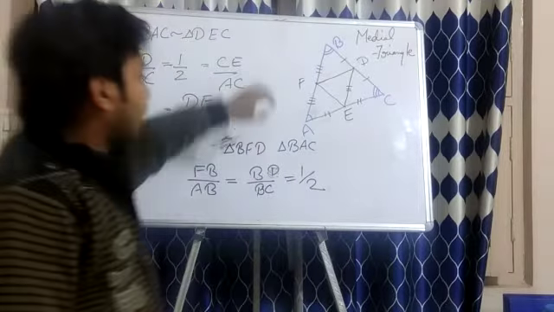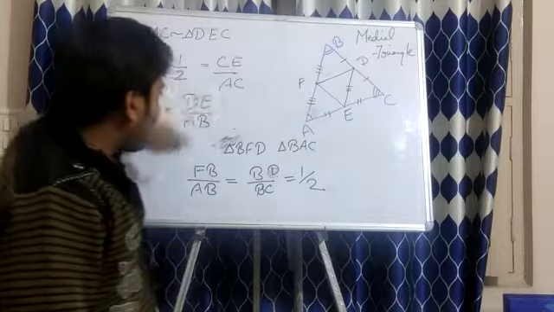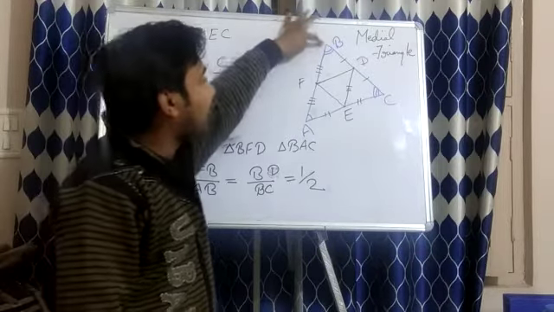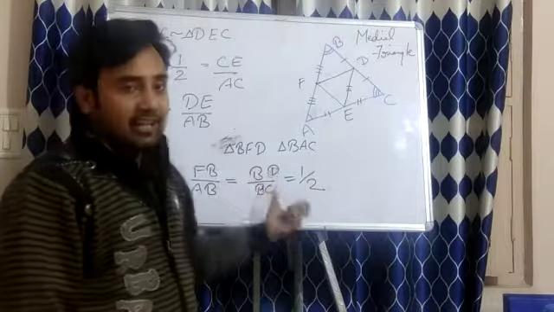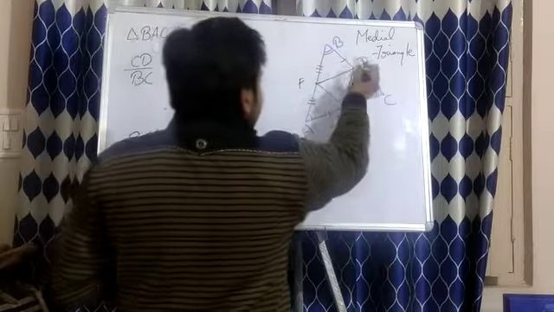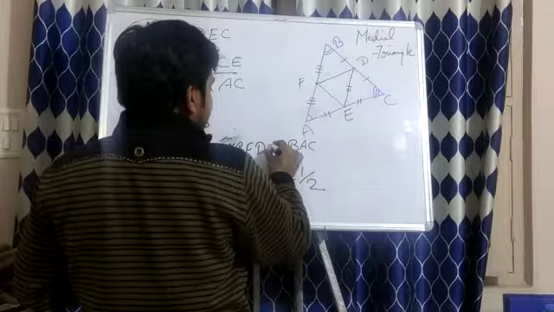Now again, one angle is common, and the ratio of the corresponding sides on either side of this angle is equal. Therefore, triangle BFD is similar to triangle BAC.